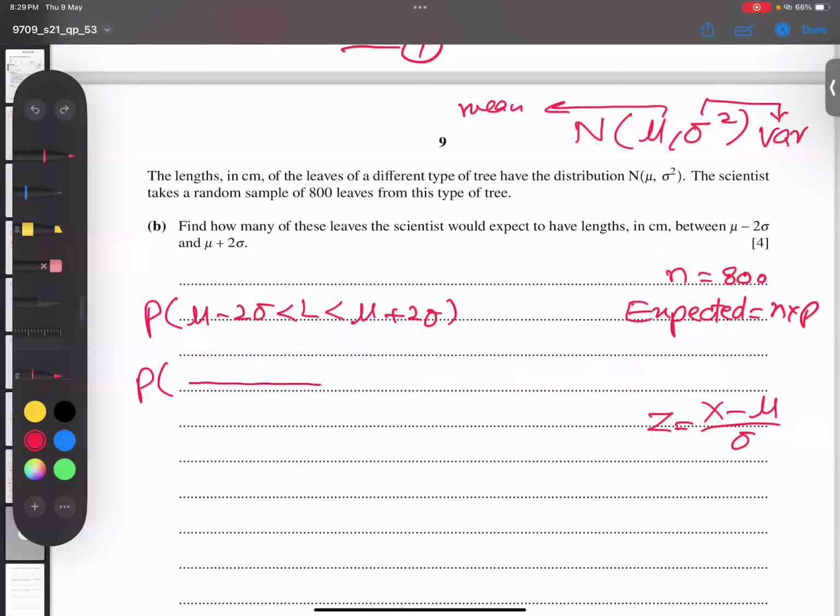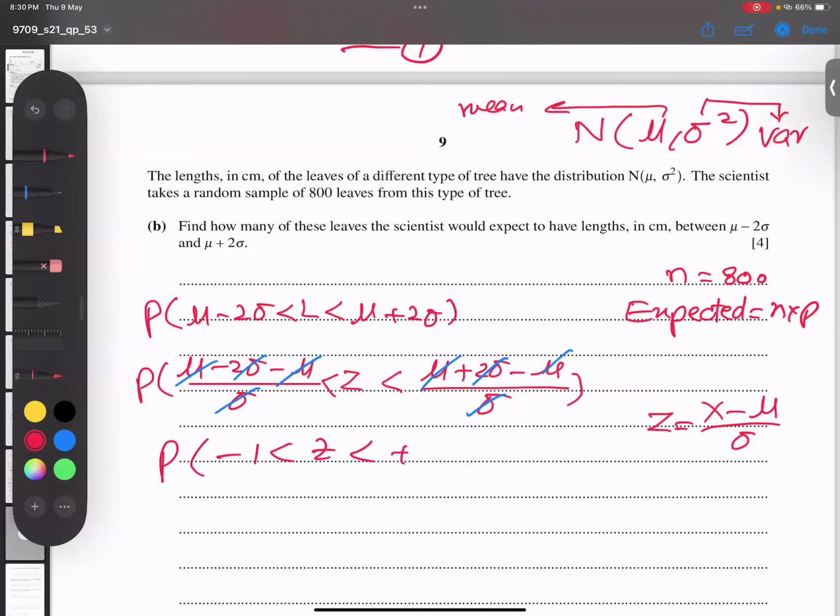Let's write it now. x minus mean divided by deviation, and the whole thing comes down: mean minus 2 deviations. Same story here. Mean cancels out, and then deviation cancels out. I think you can see clearly, and I get -1 and +1.